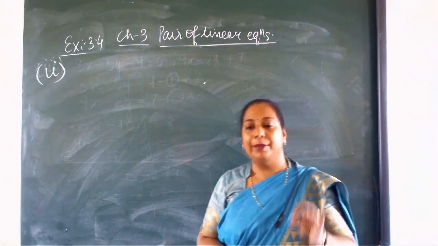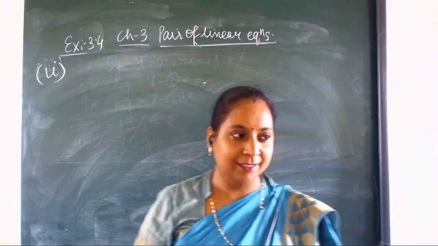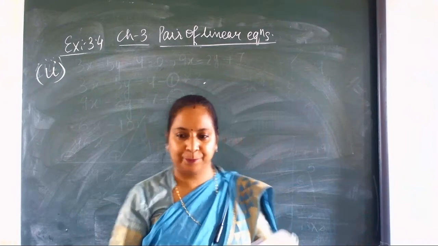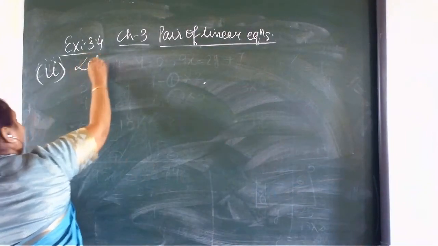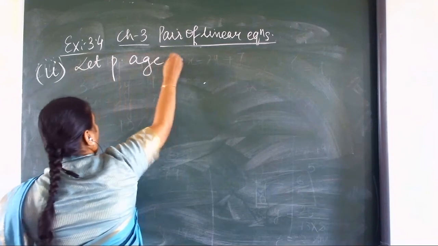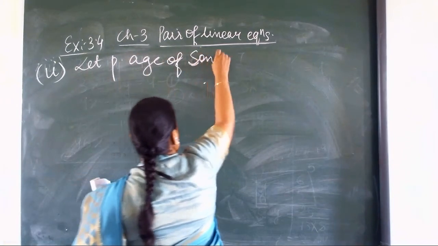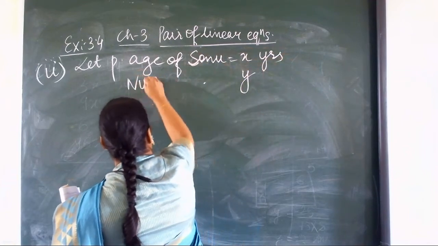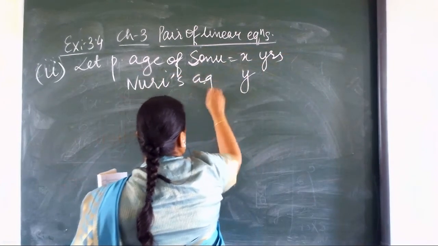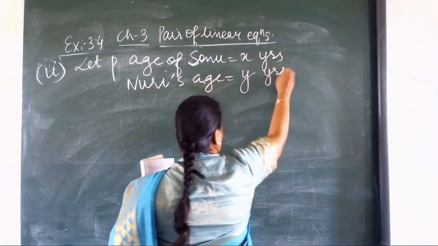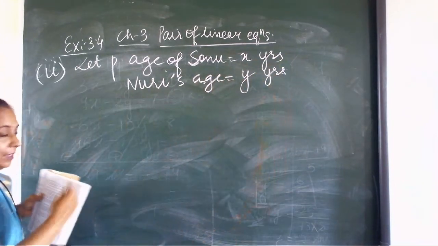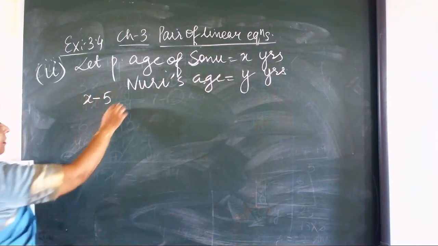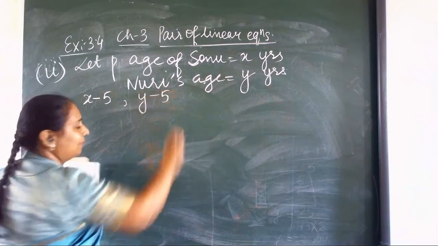Let the present age of Sonu be x years and Nuri's age be y years. Now 5 years ago, Sonu's age was x minus 5 and Nuri's age was y minus 5.